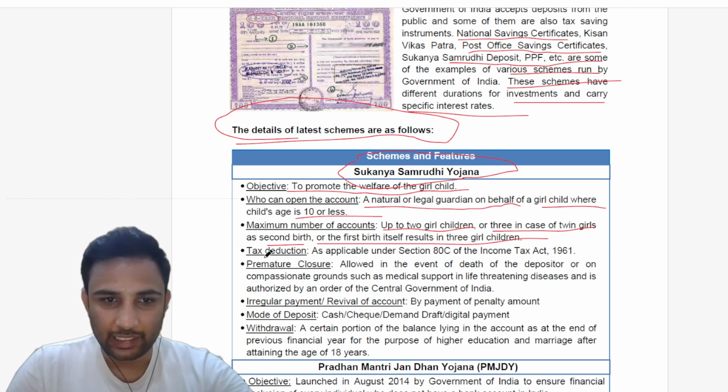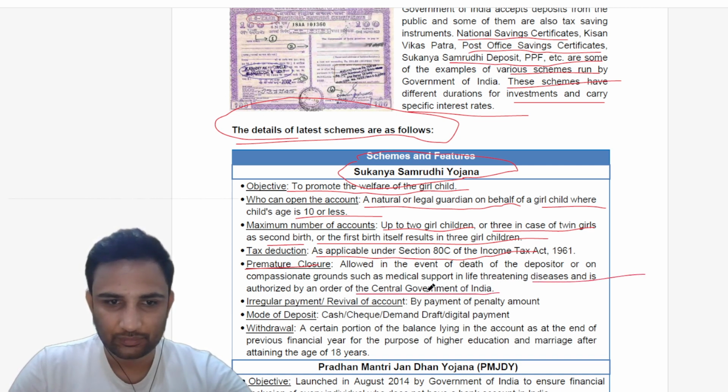Tax deduction as applicable under Section 80C of the Income Tax Act 1961. Premature closure is allowed in the event of death of the depositor or on compassionate grounds, such as medical support in life-threatening diseases, and is authorized by an order of the Central Government of India.